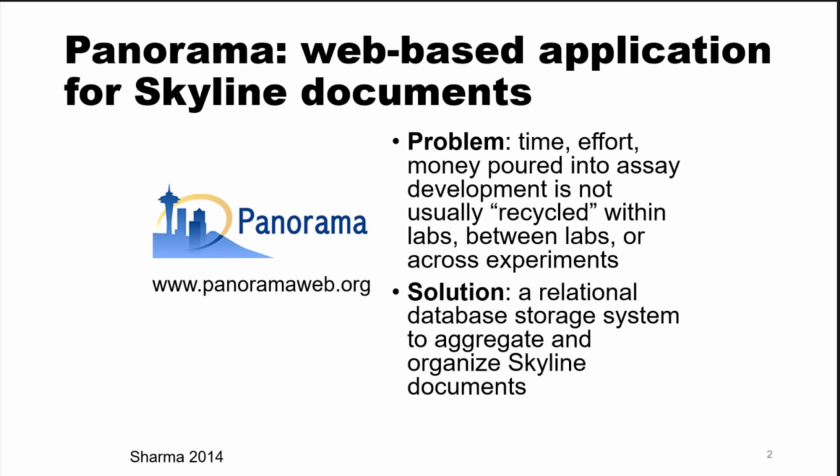So first, just what is Panorama? PanoramaWeb.org is a website that you can go to that stores all of your Skyline documents. The idea was that we, as a community, were pouring all of our time and effort into making these Skyline documents, right?